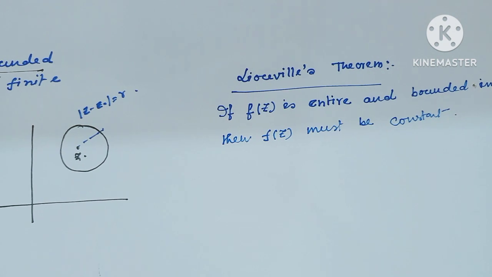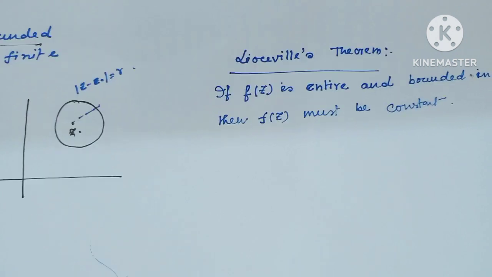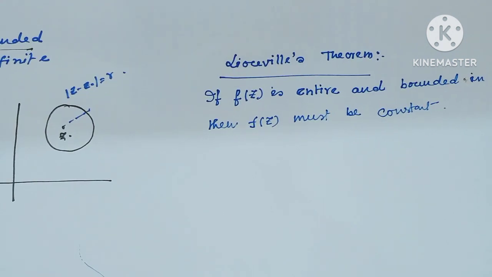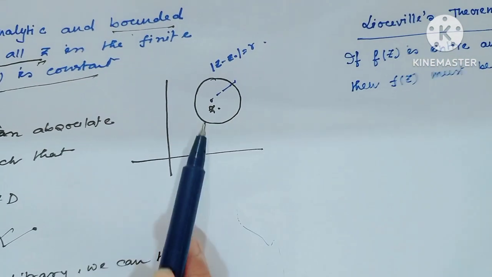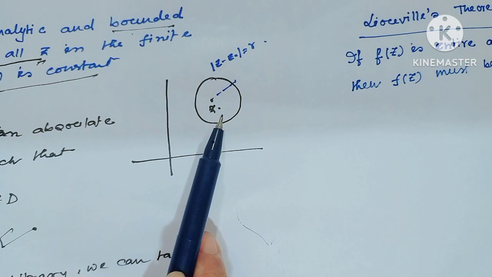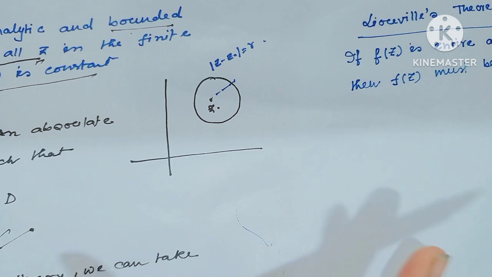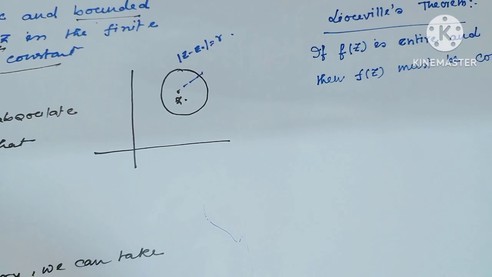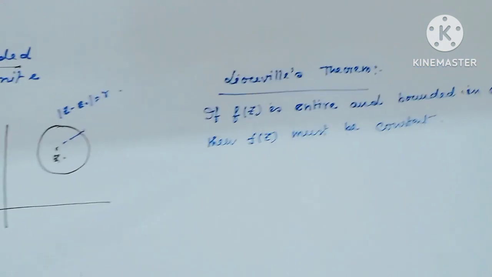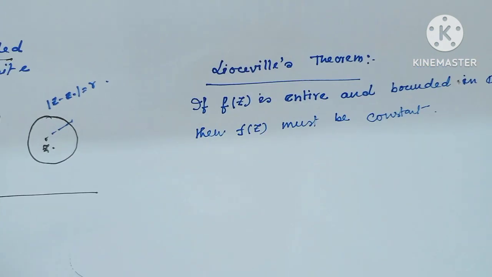I hope my viewers have understood why in every book the statement of Liouville's theorem says that if f(z) is entire and bounded in the complex plane, then f(z) is constant. I started from radius r, but we can increase this radius infinitely.